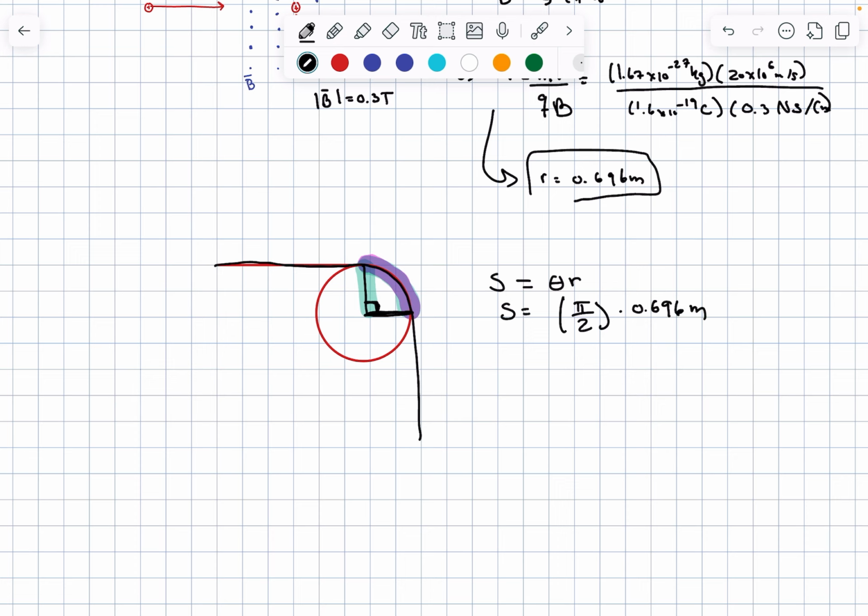This is the actual distance that we traveled along this curved path, and so S is equal to 1.09 meters.